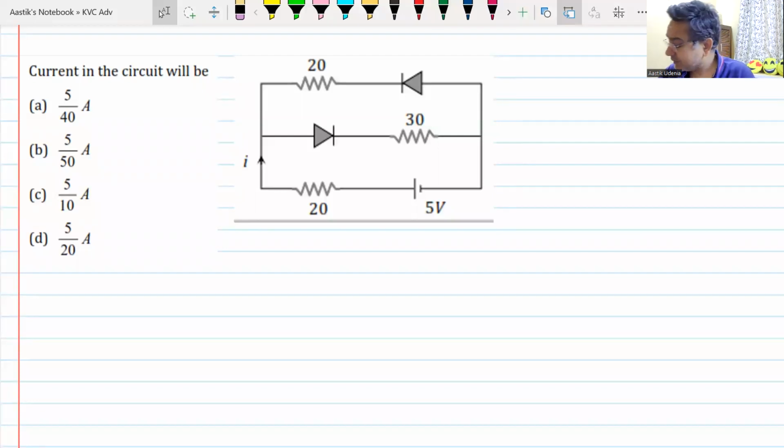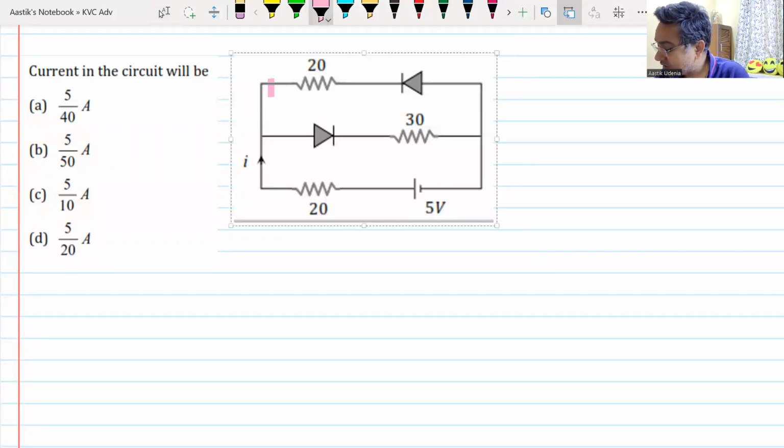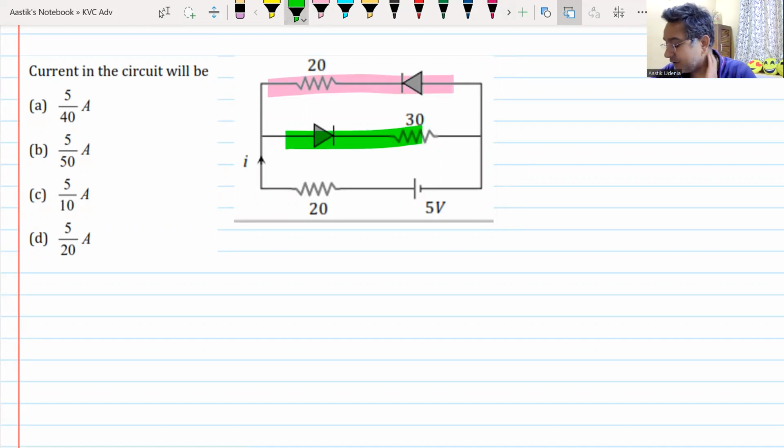Again, as you can see, in this branch and in this branch, in which branch will the current flow? In the green color branch, current will flow, and in the pink branch, because it is reverse bias, it will not flow.